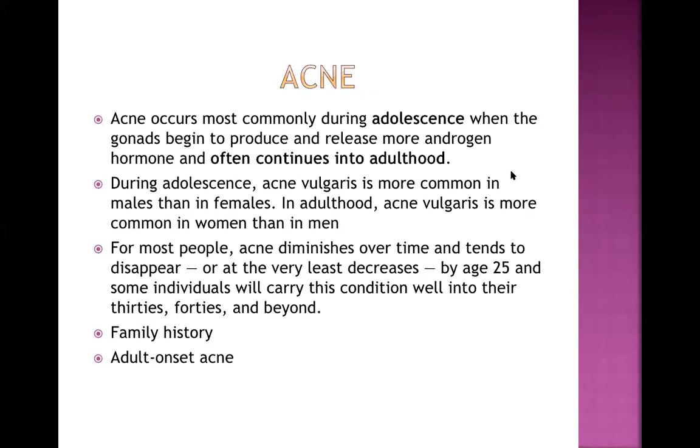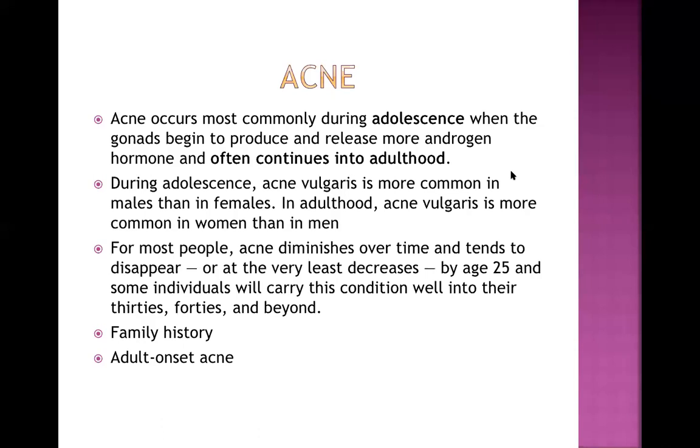So whenever a lady develops acne after the age of 25 years, we strongly believe there may be an androgen-secreting tumor or some disorder where androgen is excessively secreted inside her body. We'll talk about that when we talk about the etiology.